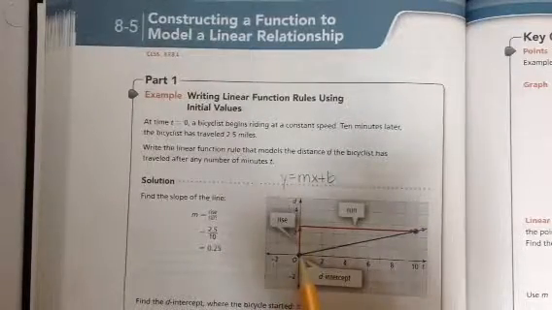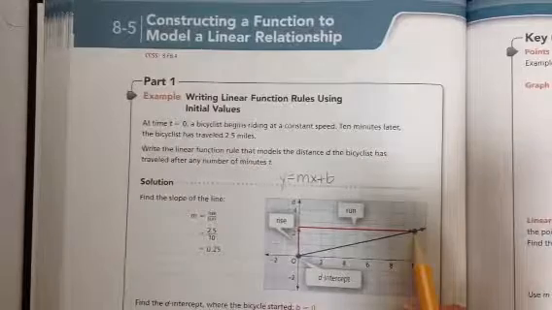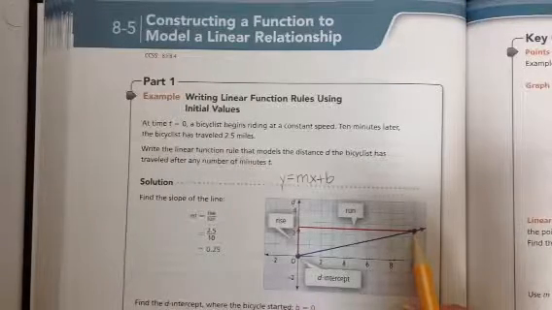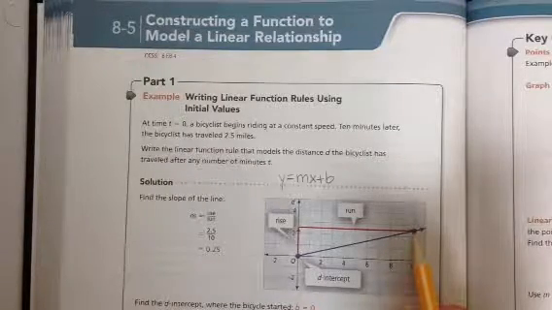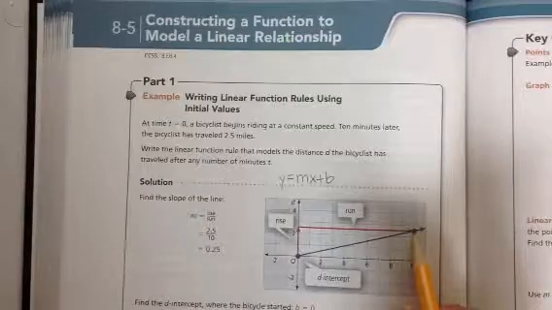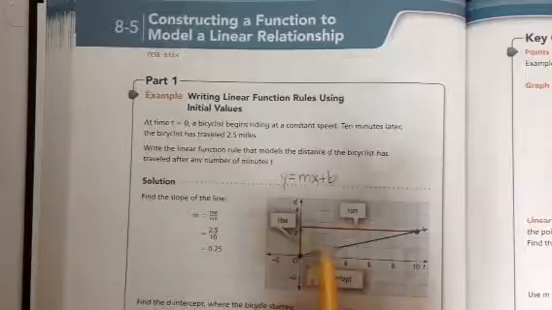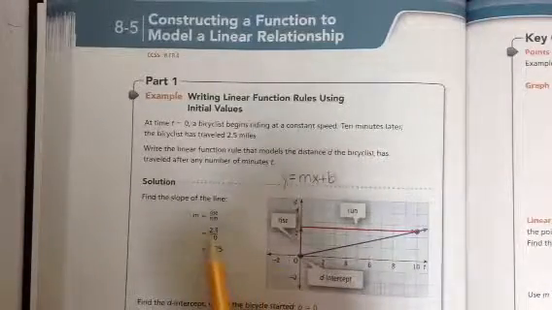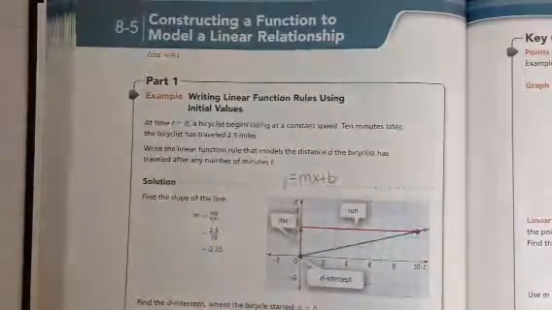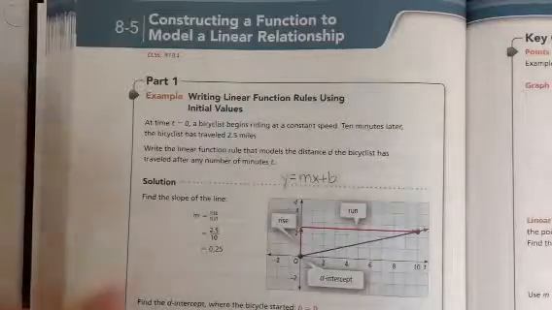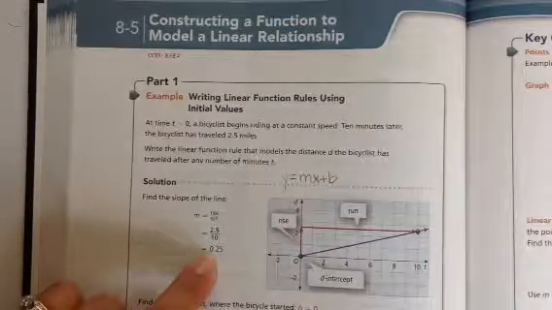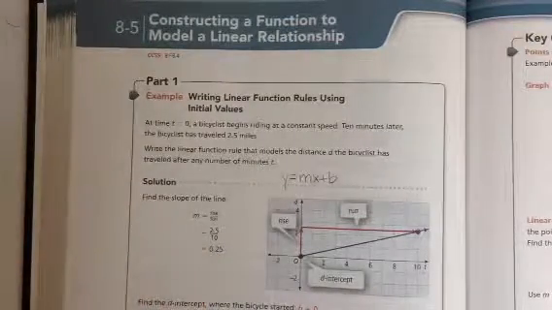From his initial point to 10 minutes later, he has traveled 2.5 miles. We've got to figure out what that slope is. So we go up 2.5 and we run 10. So that's 2.5 over 10, which simplifies to the slope is equal to 0.25.